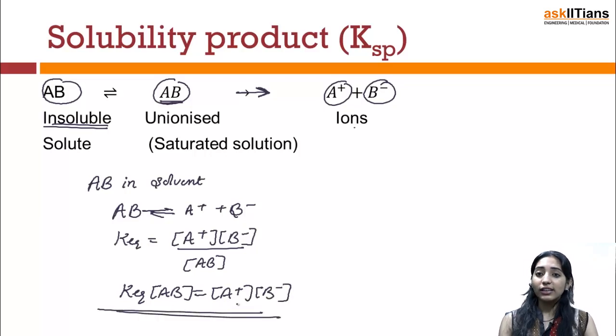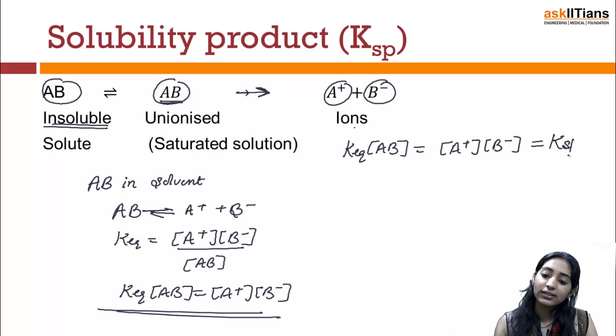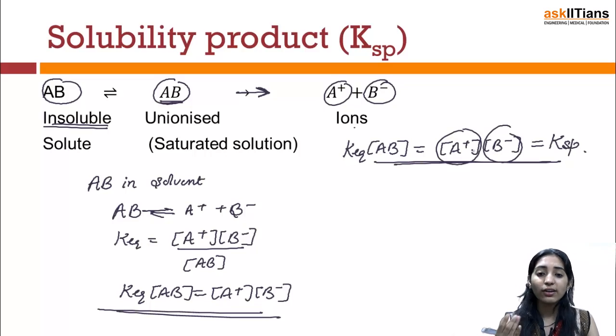Now this new constant that I have obtained, K equilibrium times the concentration of AB, which is the concentration of A positive multiplied by the concentration of B minus, is known as the solubility product for the electrolyte AB. So the solubility product is nothing but the product of the ionic concentrations of A positive and B minus obtained on the dissociation of AB.